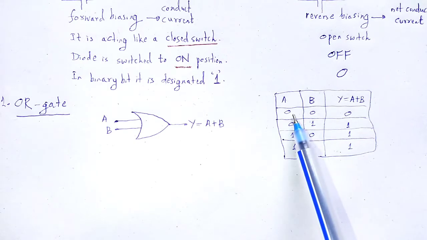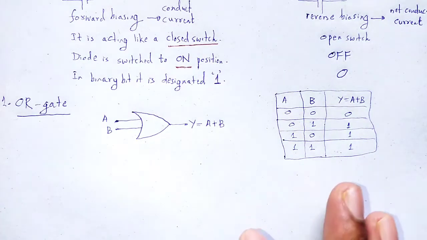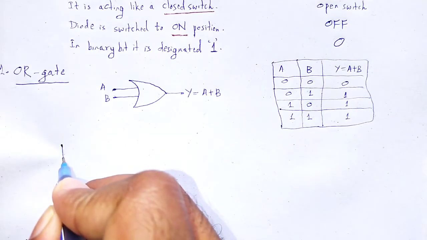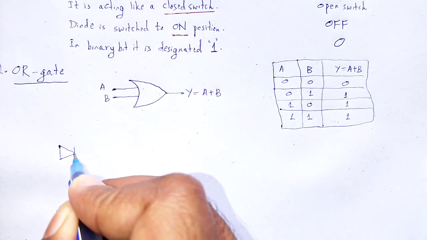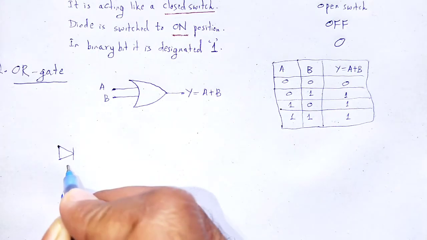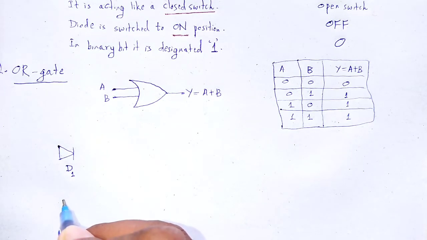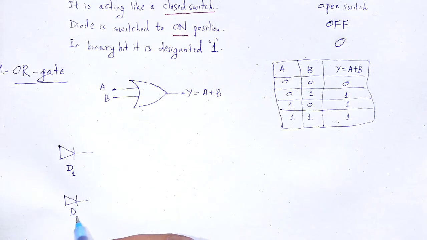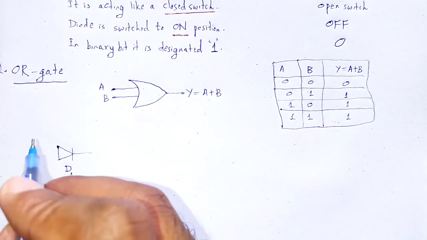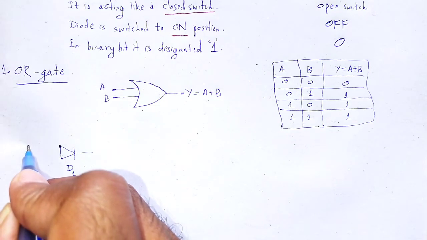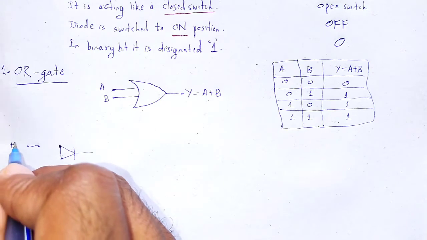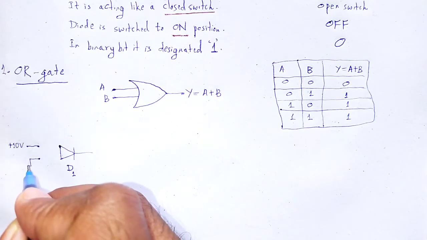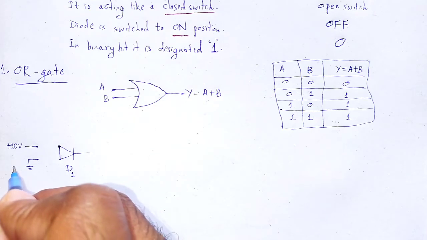The first situation is 0 0. Taking two diodes, D1 and another diode D2, the voltage source plus 10 volt, and here 0 volt.